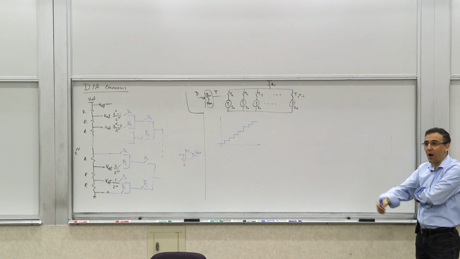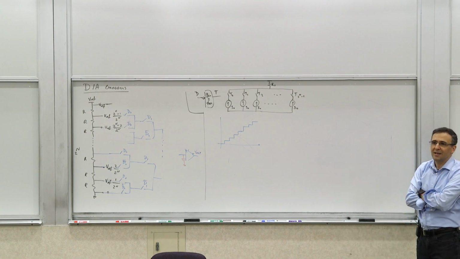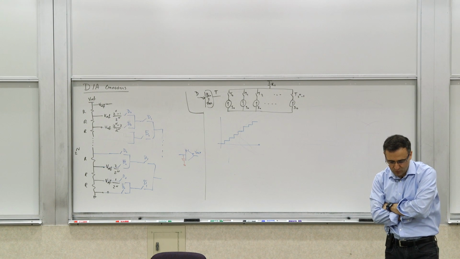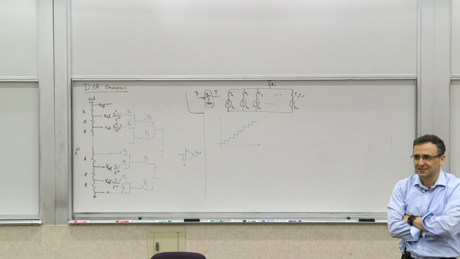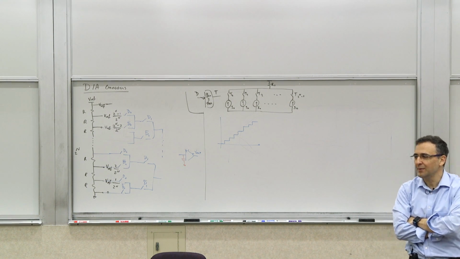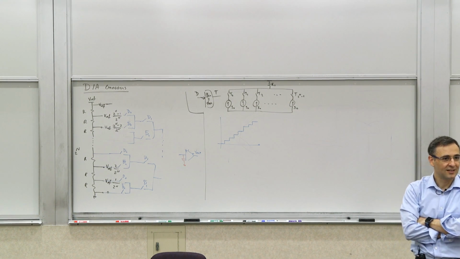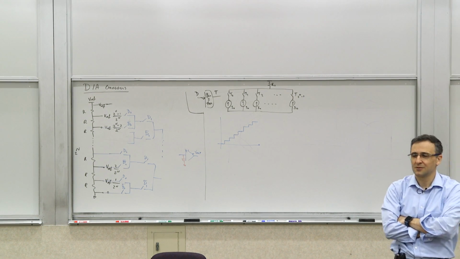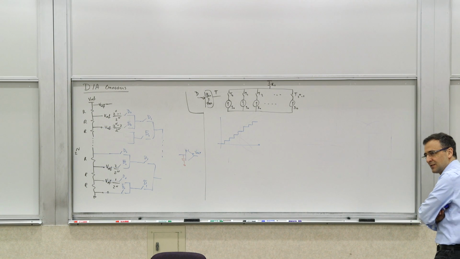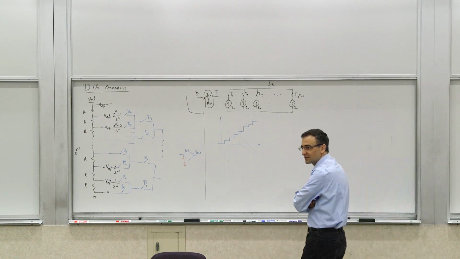There's this obvious one, right? If I wanted to make, let's say, a 16-bit or 14-bit or 12-bit D2A, how many of these current sources would I need? Let's say 12-bit. I need 4,000 of these, right? 4,096 to be exact, 2 to the power of 12.